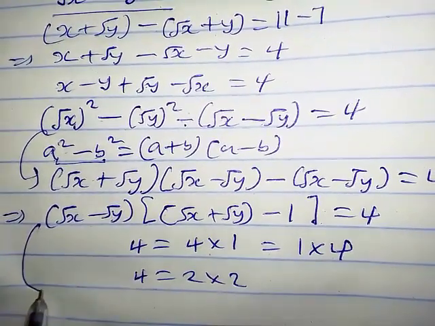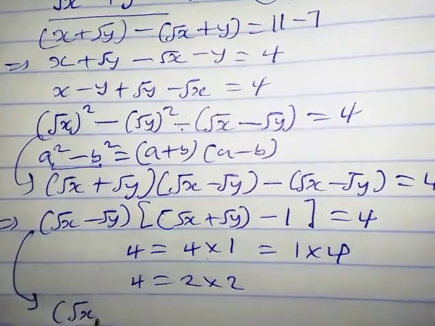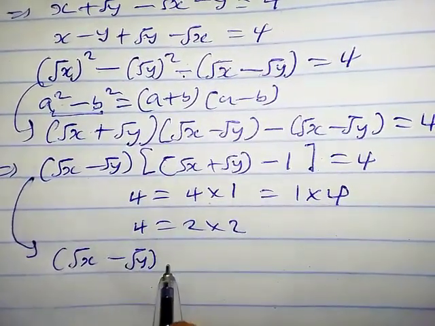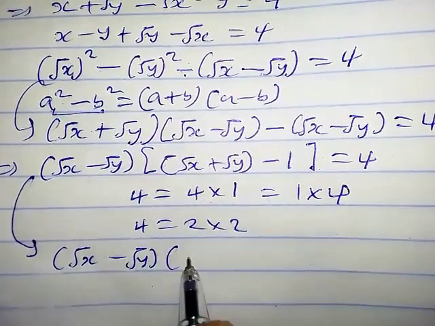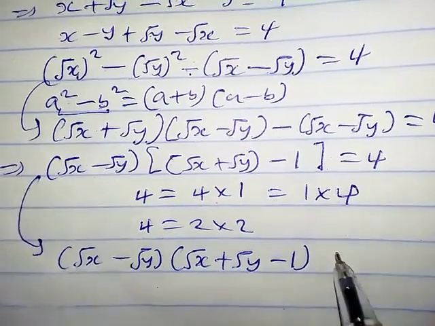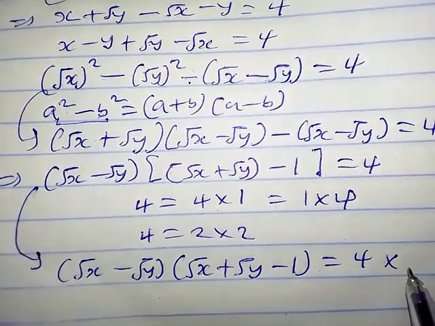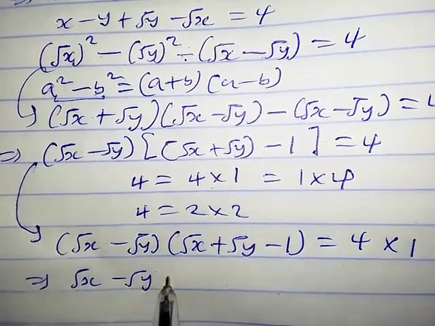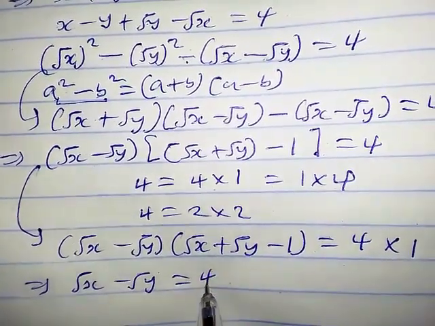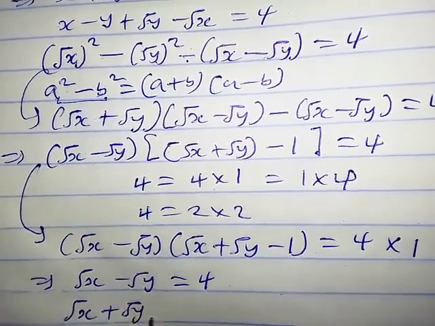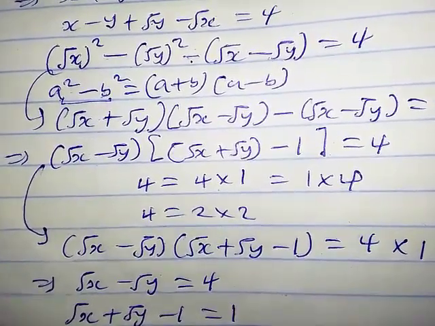We have square root of x minus square root of y times the bracket square root of x plus square root of y minus 1 equals 4 times 1. This implies square root of x minus square root of y equals 4, and square root of x plus square root of y minus 1 equals 1.